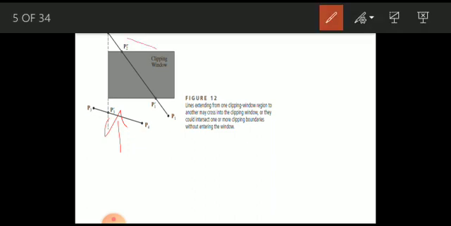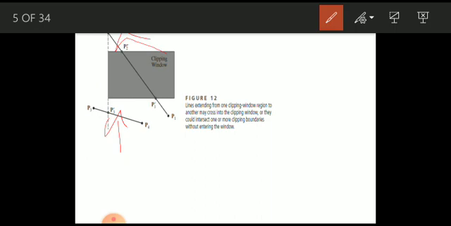Similarly, for the line segment P1 and P2, first the intersection point with the left boundary is found, which is P2 dash. Once the clipping happens with respect to the left boundary, the next step is to clip with respect to the right boundary.